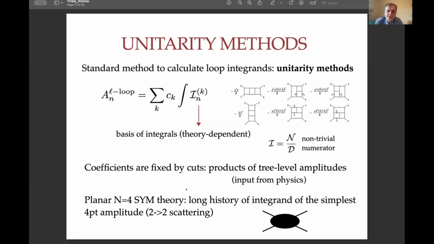Now, in planar N=4 super Yang-Mills, there is a long history of calculating these integrands, especially for four points, so for the simplest 2-to-2 scattering. This is something I will now quickly review because it will eventually be the object we are mostly interested in.